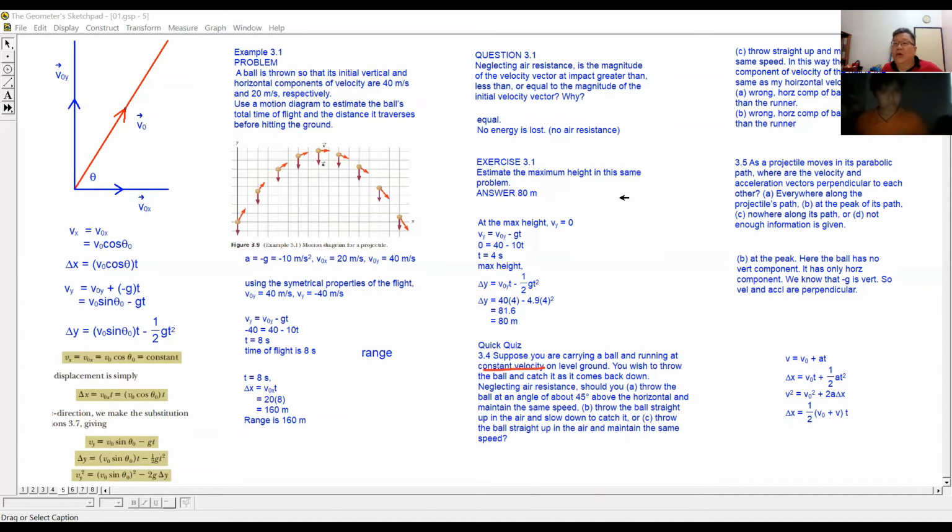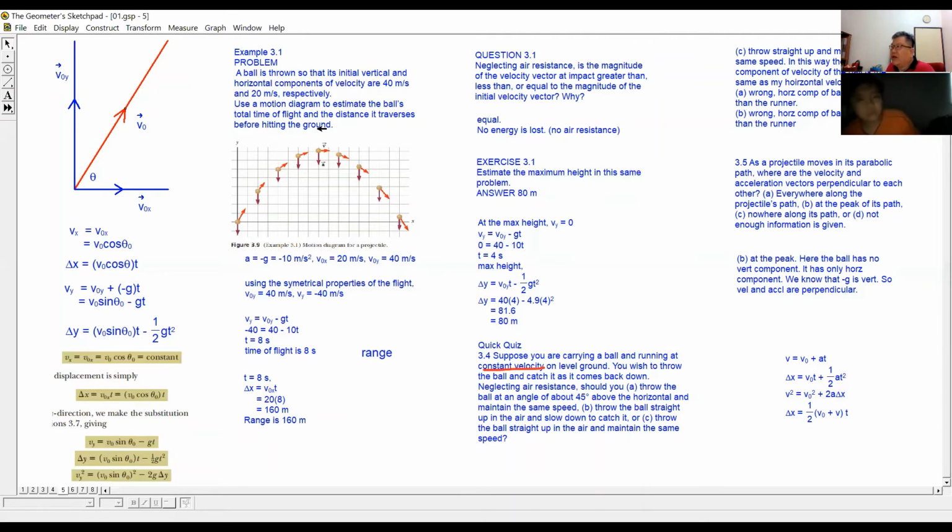So in order to catch the ball, you have to throw the ball straight up and maintain the same speed. I throw the ball vertically upwards and I continue to run with the same speed.